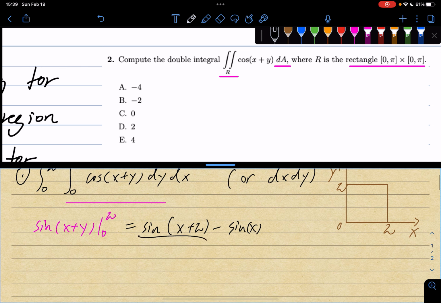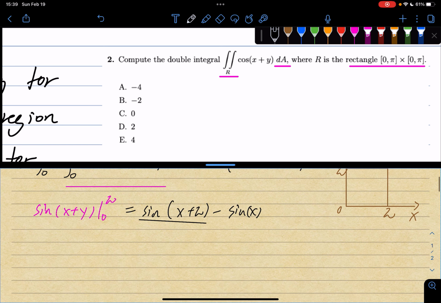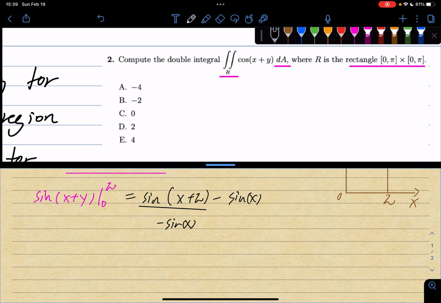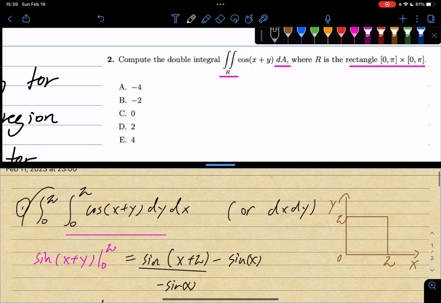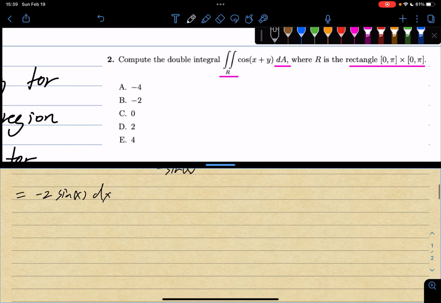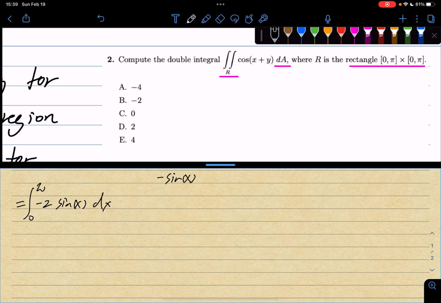Then we can take advantage of the property of sine. This will just become negative sine x. So we end up with negative 2 sine x dx. We incorporate the outer integral into our final calculation. We have 2 times cosine of x from 0 to pi, which gives us 2 times negative 1 minus 1, which equals minus 4.